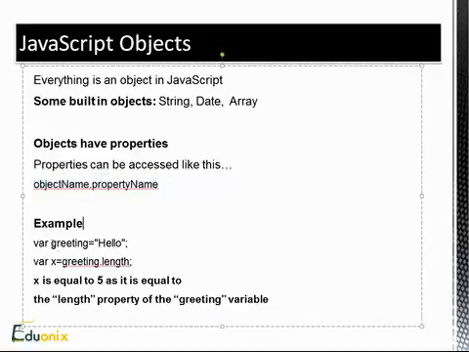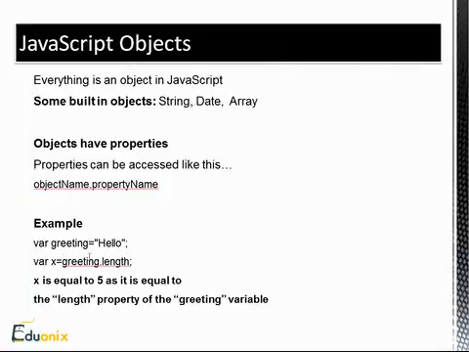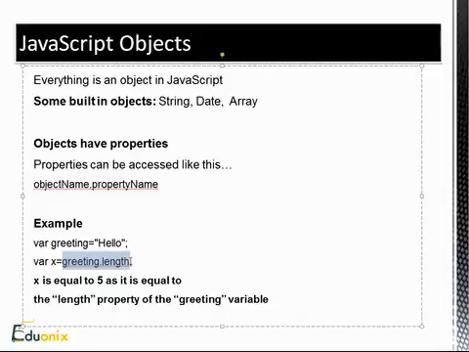Okay, so here's an example. We're using a variable which is a string, "hello", and this is an object. This variable greeting is an object. Now here we're saying var x, we're creating a new variable which is equal to greeting.length.